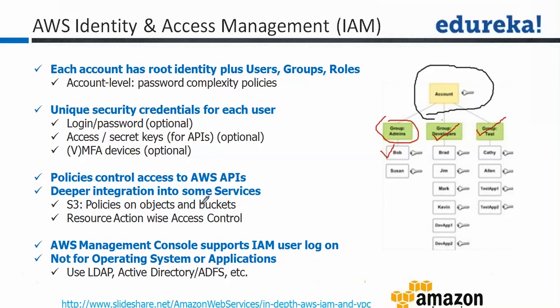I'll come to that in a while. When we talk about the users, he can get the login password, the access key and secret access key, the X509 certificates, and the 4th option, which is called multi-factor authentication, which I will come to in a while. It supports all 4 options. Also, you can define the policies, and we'll see about the policies in detail in a while.